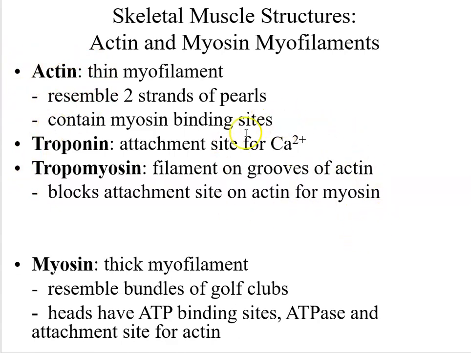Now, calcium is an important player here too. Calcium is like that Saints game. Whenever it's around, it's distracting troponin and tropomyosin, causing that shape change to occur that moves tropomyosin out of the way.